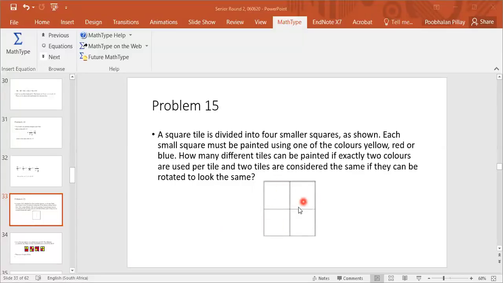Now, by different, it means that no matter if I rotate the tile, it mustn't come back to the same thing. So let's have a look at this problem. You are using 2 colors to paint these 4 tiles. Let's see how many ways you can do that.